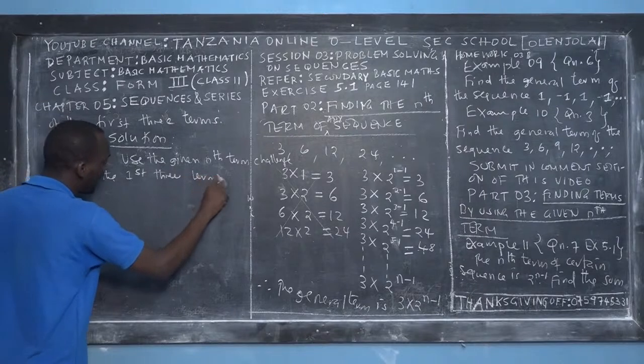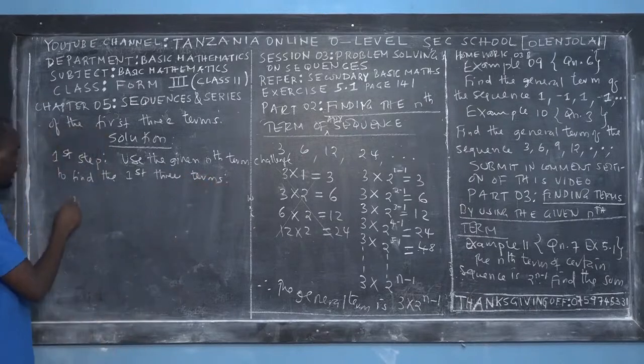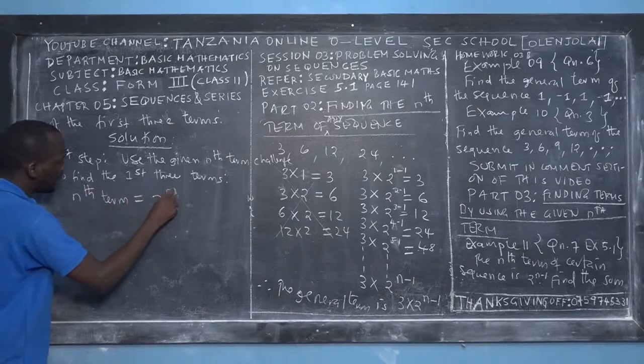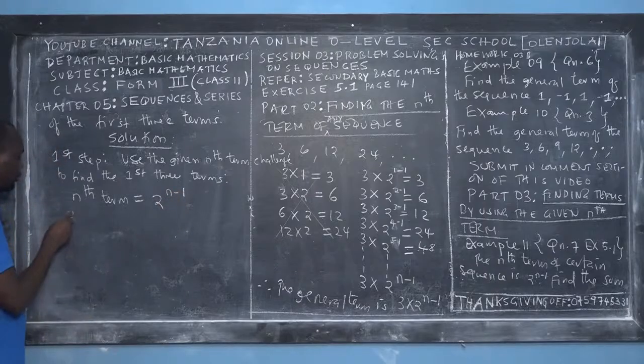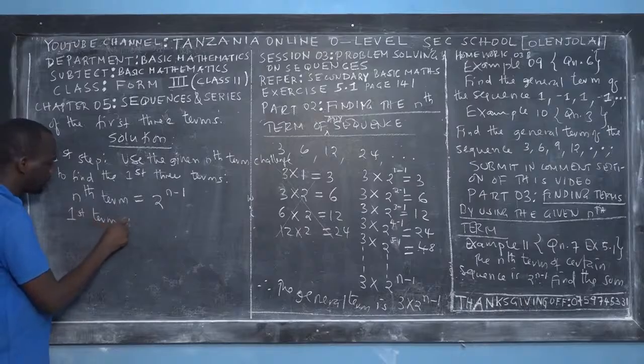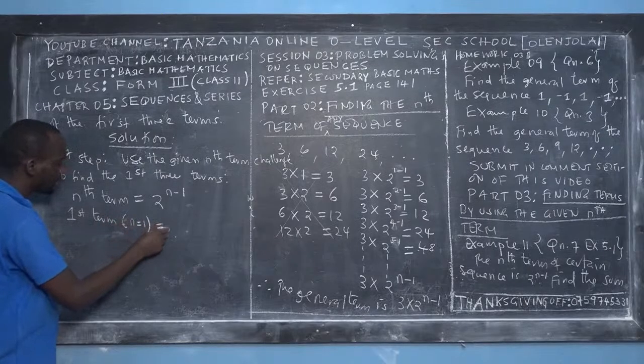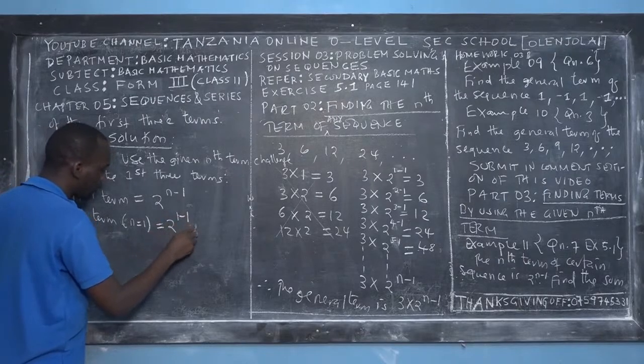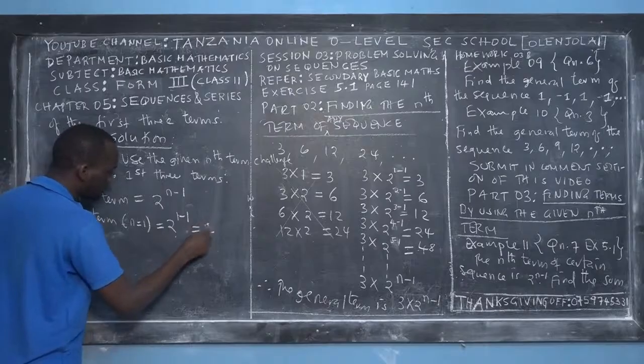So let me teach you how we can use it. The formula for the nth term is 2 power n minus 1. To find the first term, we use the value of n equal to 1. That's the general concept. So 2 power 1 minus 1, the answer is equal to 1.